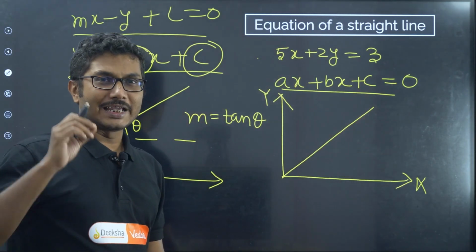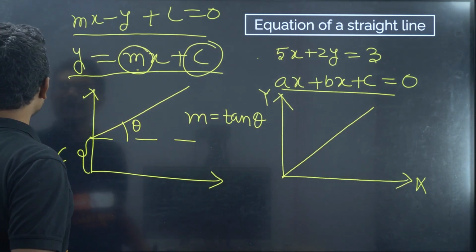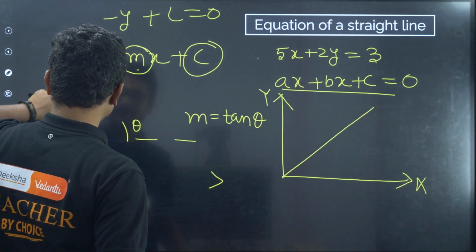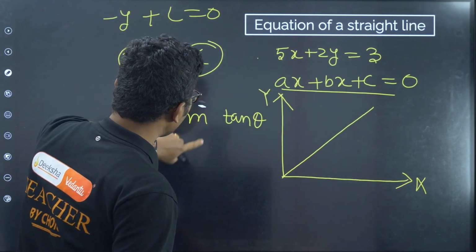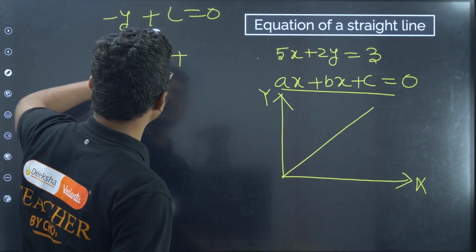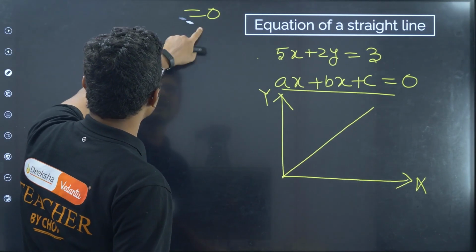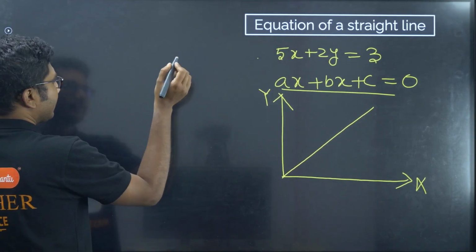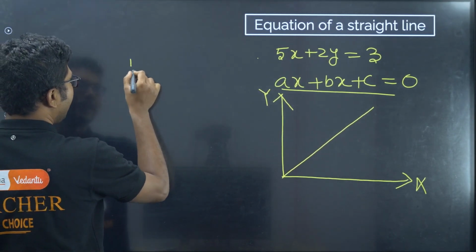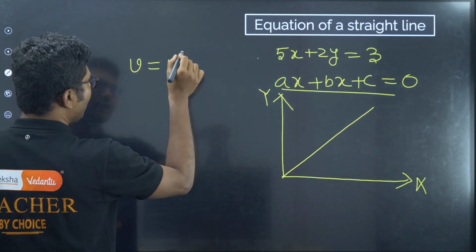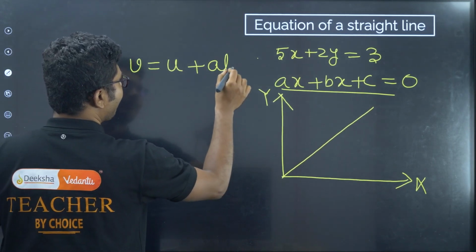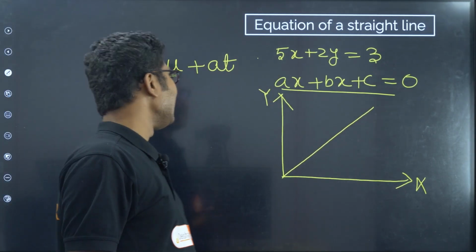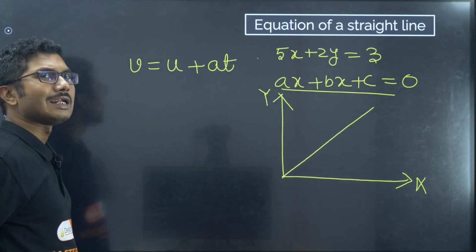So whenever you are seeing an equation like this in physics, that is a straight line. For example, I am giving you one example that can be drawn as a straight line graph. If I give you one equation, v equals u plus at, this is an equation of a straight line.